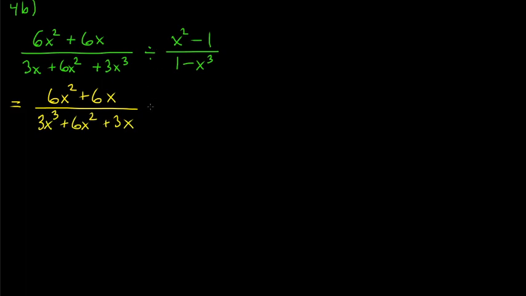All right, change the division to multiply, and then flip the second fraction, so it's 1 minus x cubed over x squared minus 1. And actually, the 1 minus x cubed also looks backwards, but because we're subtracting, right, we can write this as negative 1 times x cubed minus 1.